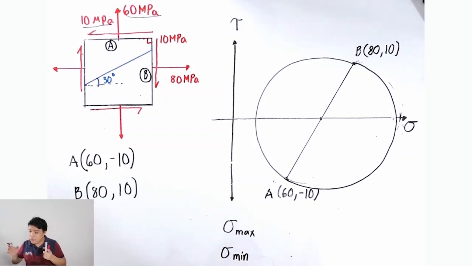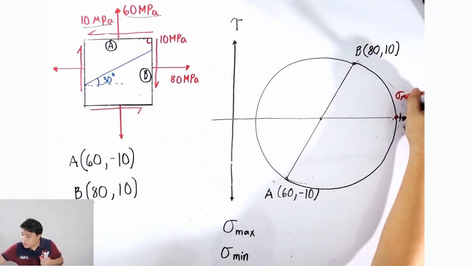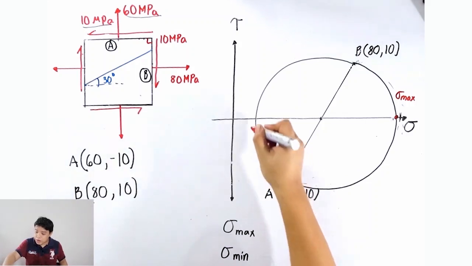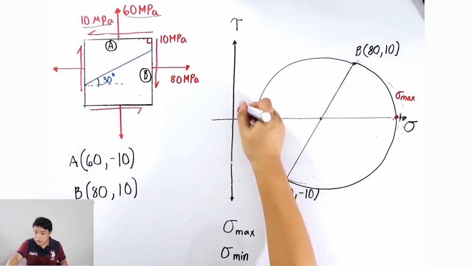So therefore, class, if you look at our Mohr circle, it is very obvious that the coordinate with the highest sigma is this one. Let us put a red dot here. This will be our sigma max. The coordinate on the Mohr circle that has the lowest value of normal stress is this one. These are the extremities.